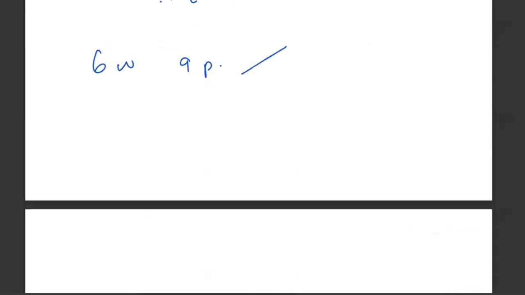So first, we can have a white or we can have a pink. If the first sweet to be eaten was a white, the second one can be a white or it can be a pink. If the first one was a pink, the second one can be a white or it can be a pink. Then let's indicate the probabilities. So it's going to be 6 over 15, 9 over 15.